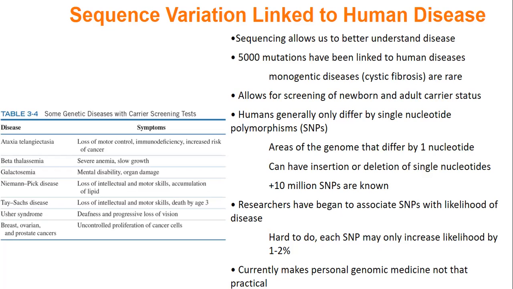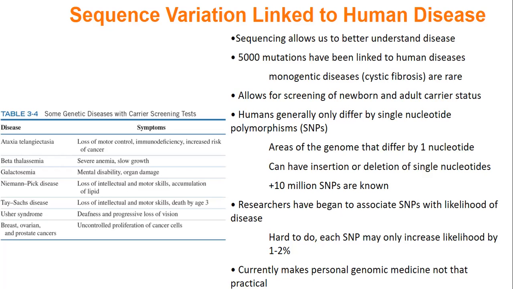And when you look at different humans, we're like 99.9% the same, probably even greater than that. And the differences between different humans are in what are called SNPs, or single nucleotide polymorphisms.